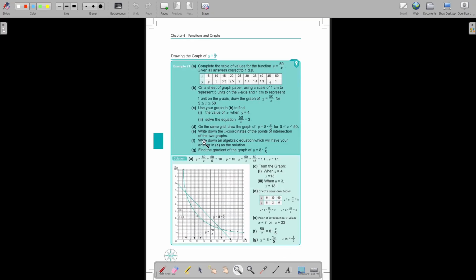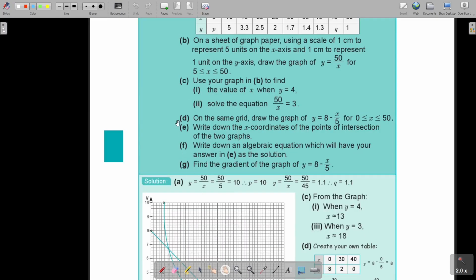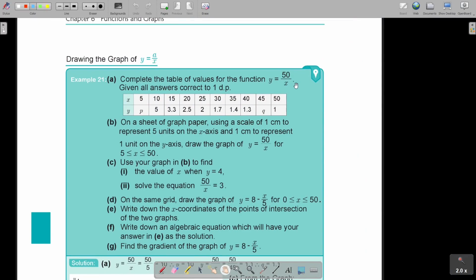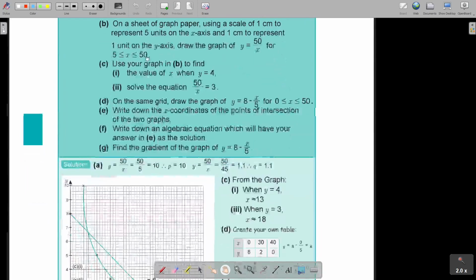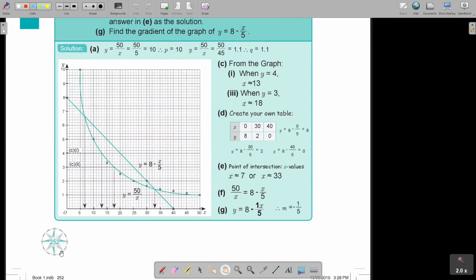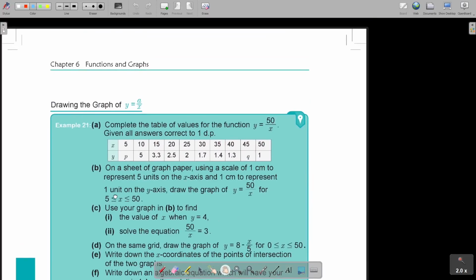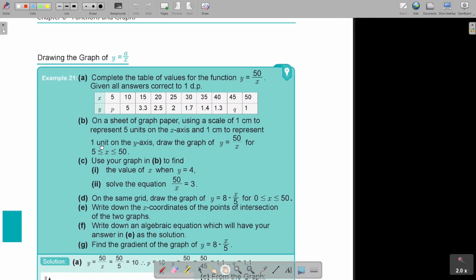This is just the division, so there's not just a square. The graph is not going to look exactly the same. I'm on page 252, and that is chapter 6, functions and graphs.